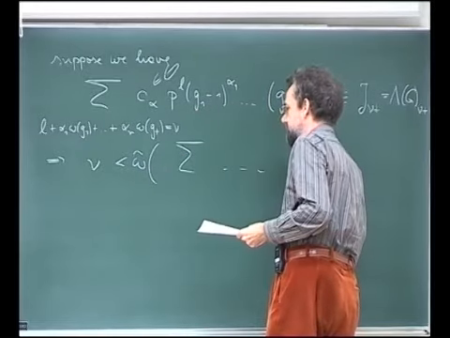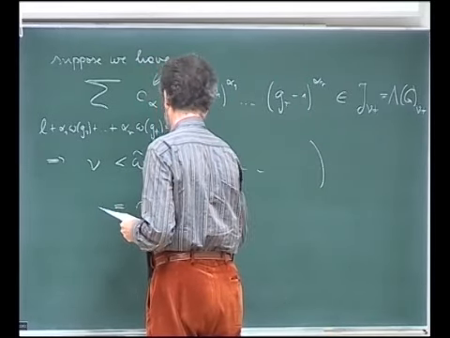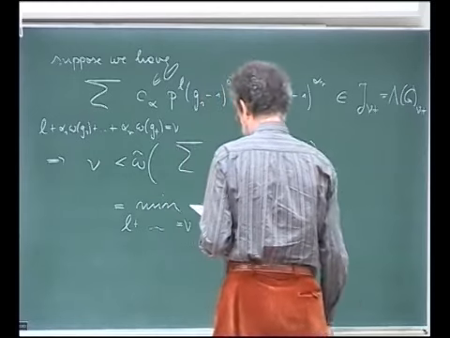So, I mean, this sum, maybe I don't repeat it. But now the omega tilde, these are all monomials. This is now written in the form where we know what omega tilde of it is.